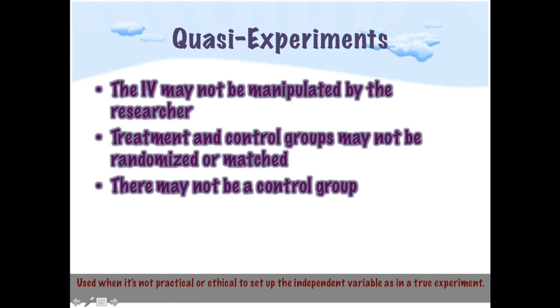Well, the first limitation is that of the independent variable. So, if the independent variable is manipulated by the researcher, then we would say that it's probably going to be a true experiment, or at least we know that's a criteria of a true experiment. However, in a quasi-experiment, the IV is generally not manipulated by the researcher because instead of being what we call a manipulated independent variable, it is what is known as a participant or assigned variable.